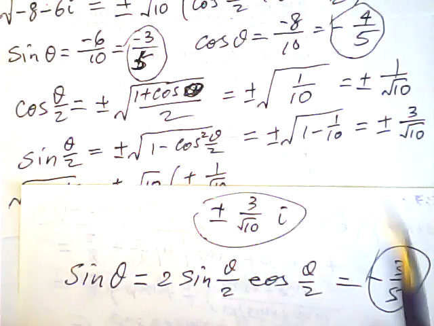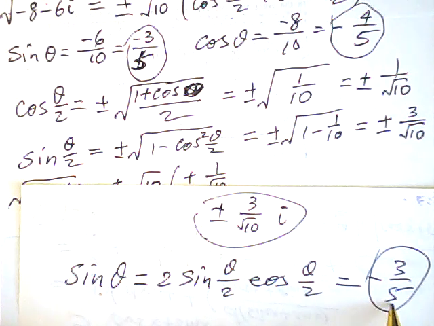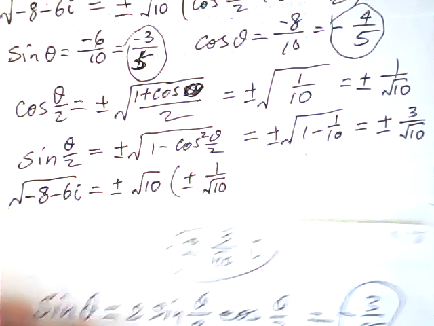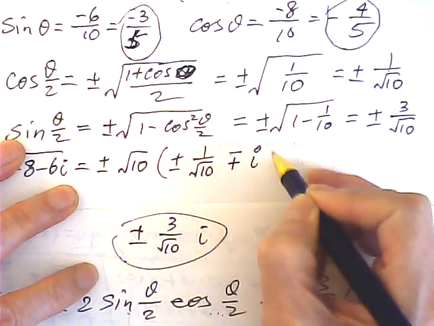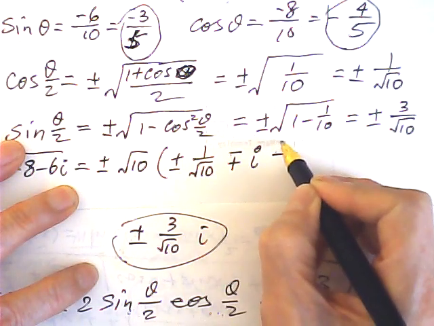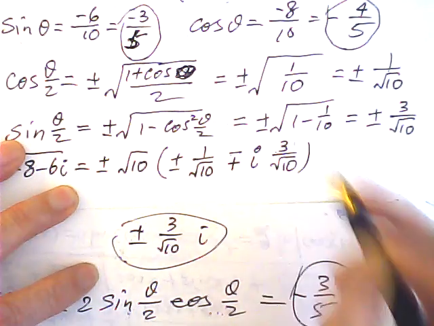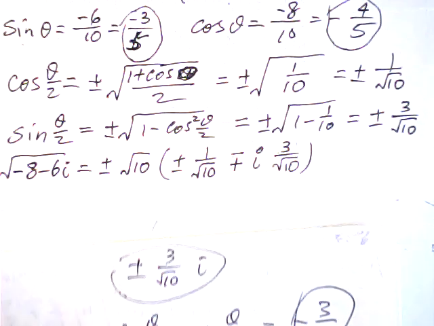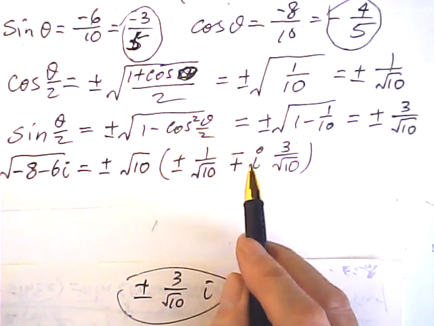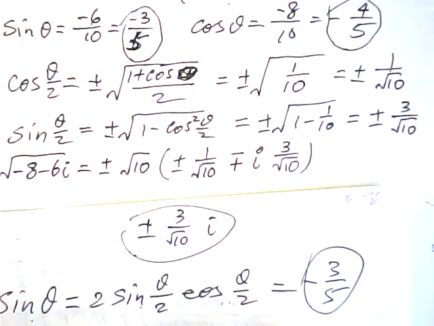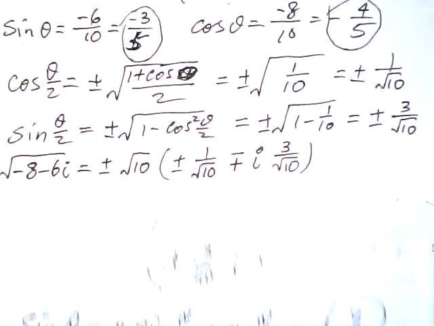Since sine theta is negative, cosine half theta and sine half theta must be opposite signs. If this is positive, this is negative. If this is negative, this is positive. So this should be written as a minus or plus i 3. Yes, that is the correct step. Do you understand? I cannot write positive and negative together. I have to write the negative and the positive because they are opposite signs.